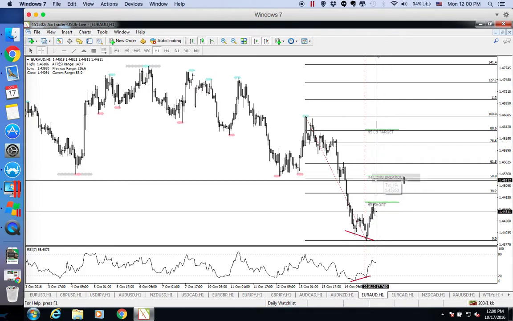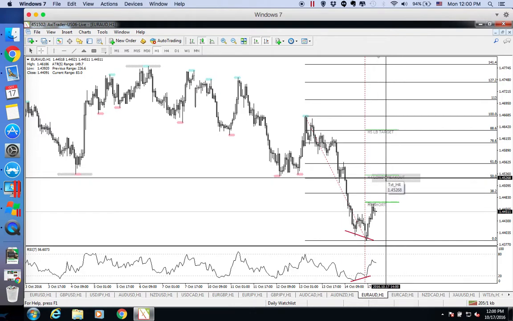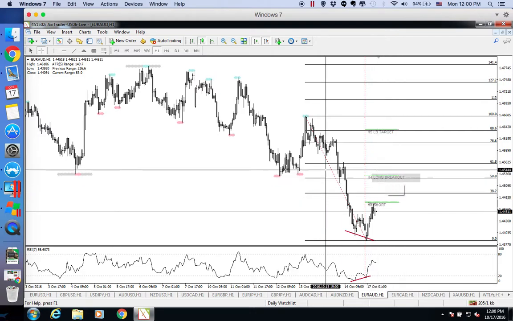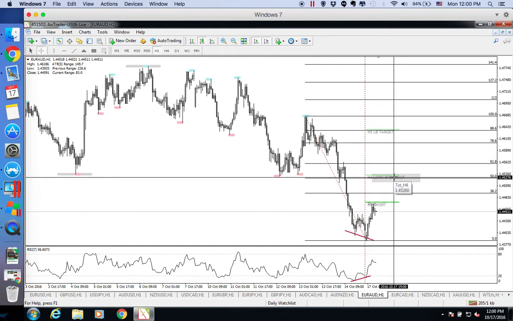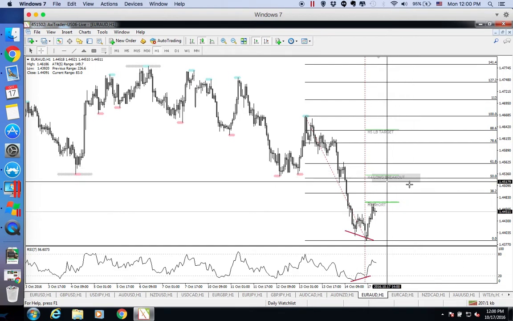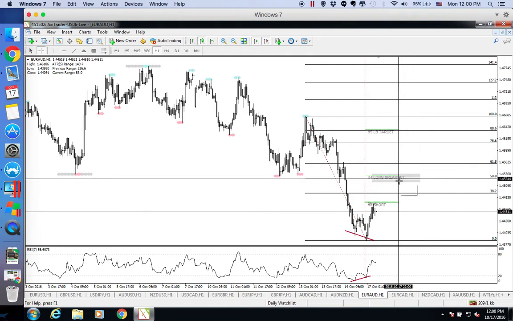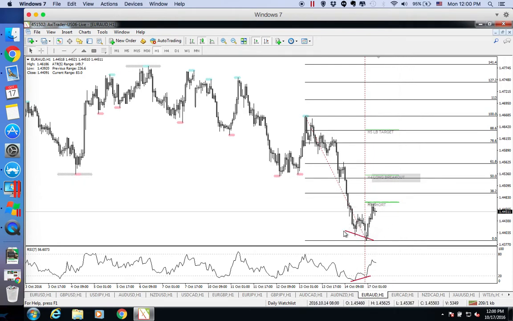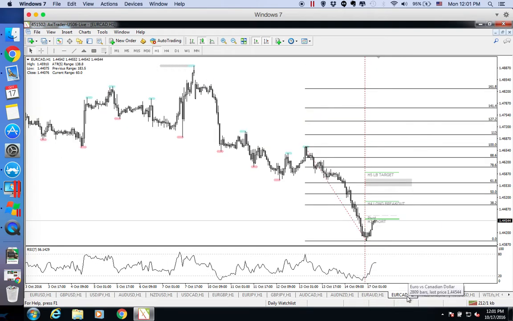Highly likely this setup might occur. For price to retrace back towards this previous structure, confluence with a 50% Fibonacci around the 1.4530 level, we'll be looking for a short. But we'll be cautious because we do have a bottoming pattern over here, the double bottom with RSI divergence. So if you're trading the Euro Aussie, pay more attention to this particular pair.